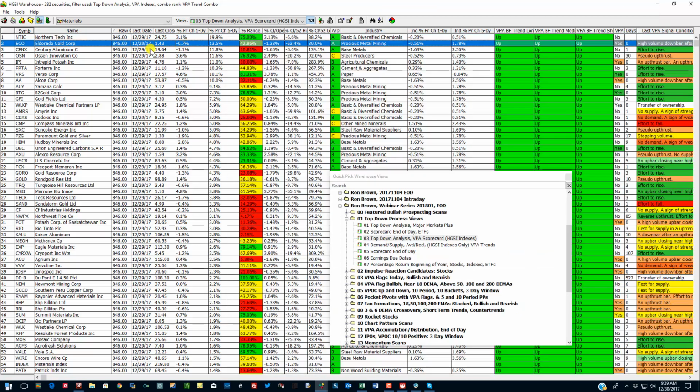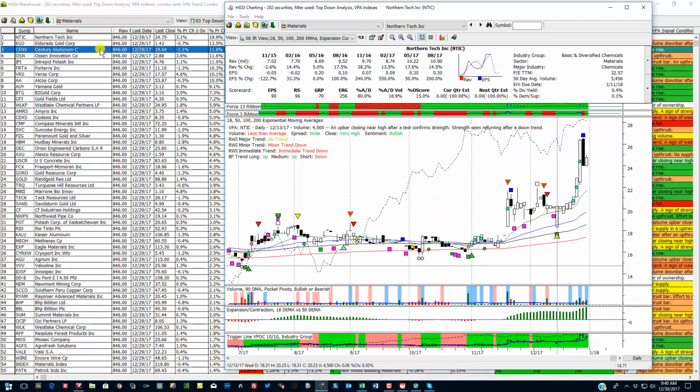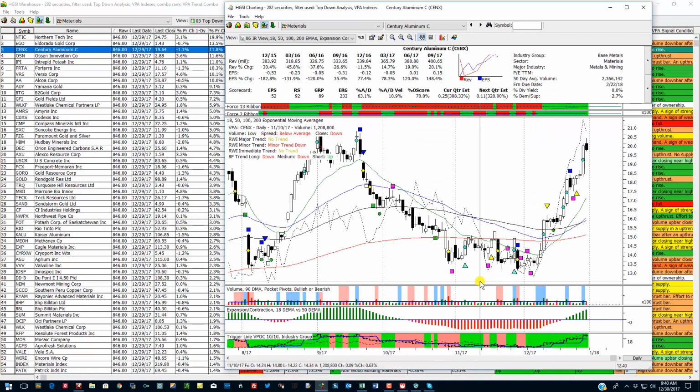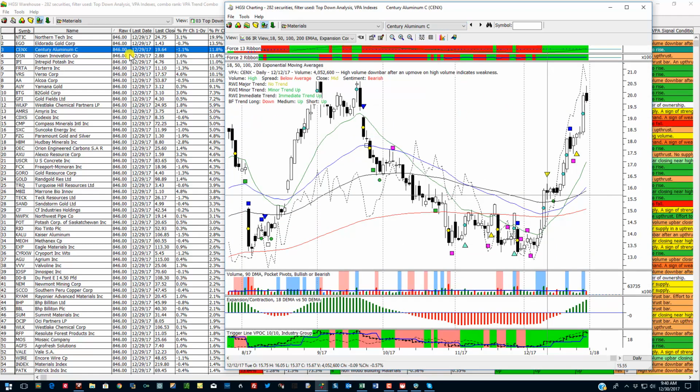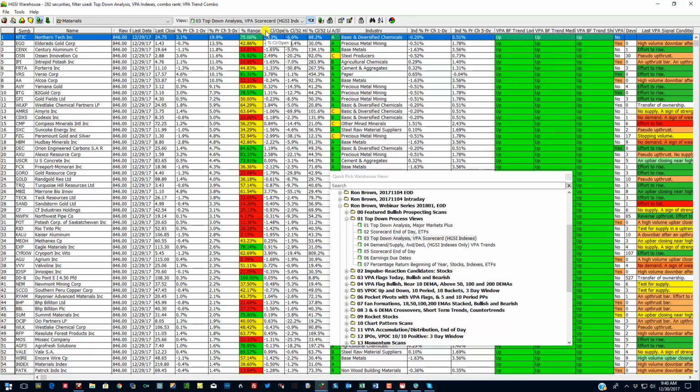Let's find some stock that has more liquidity. Century Aluminum has been coming up in my screens, and look at Century Aluminum over the past 5 days. Now this one trades 2.3 million shares a day, so a totally different type of stock, obviously. But getting back to this stock, this is how you locate stocks like this.